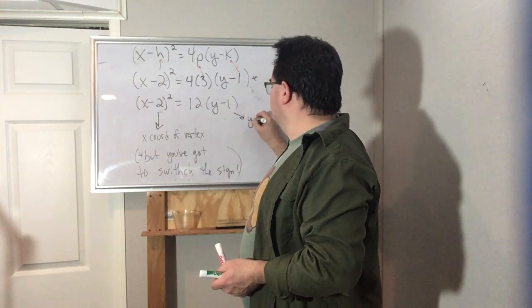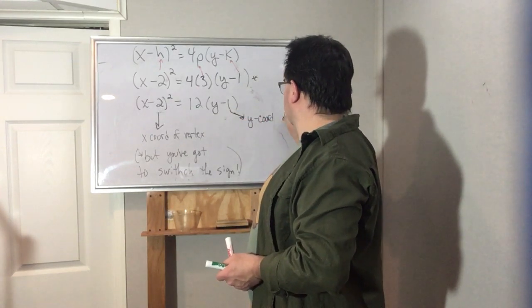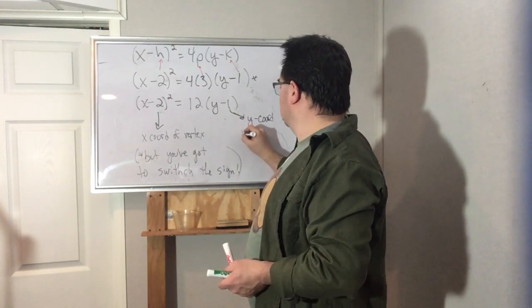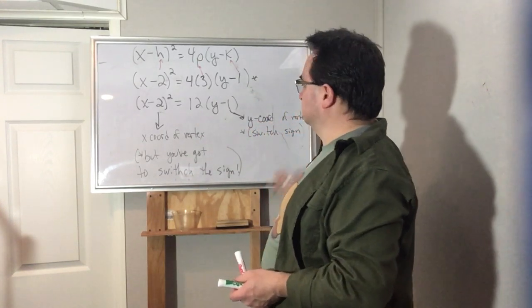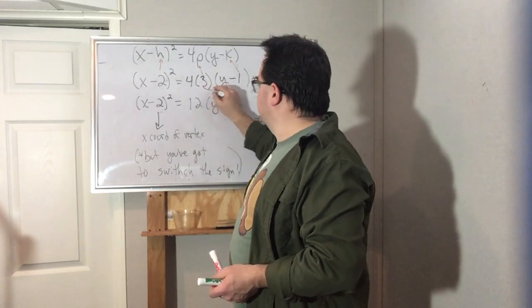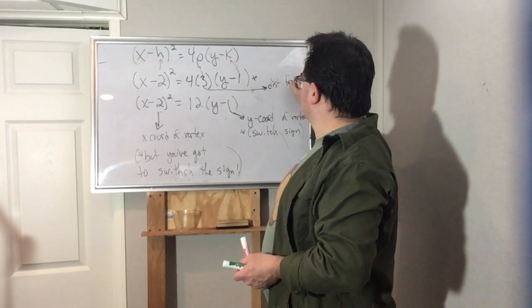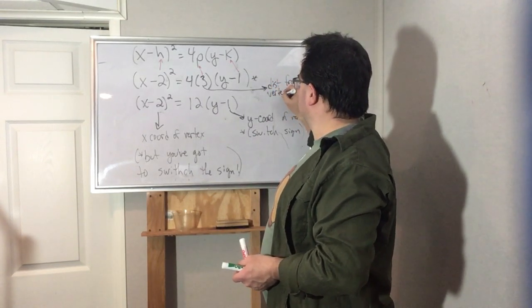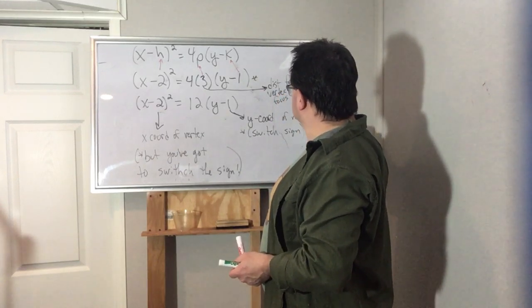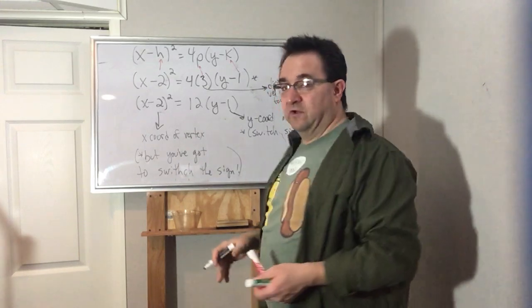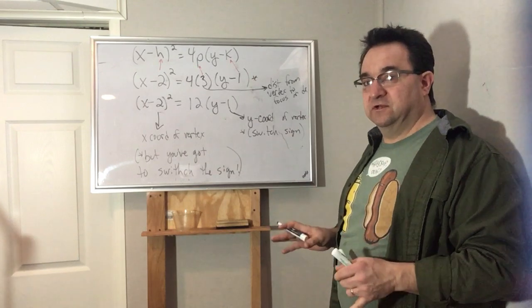This is the y coordinate, specifically that 1, of the vertex, but you got to switch the sign. And this, the 3, is the distance from the vertex to the focus, or Directrix. I'll put DIR. Whenever I put DIR in this particular unit, that's Directrix.